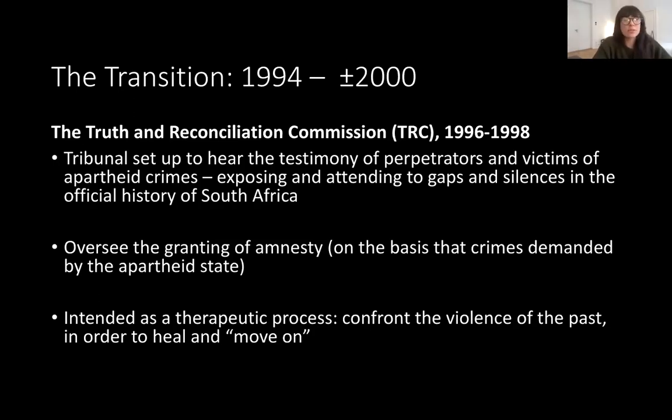The TRC also oversaw the granting of amnesty to certain perpetrators of apartheid crimes on the basis that the crimes were demanded by the state and not individually executed. And it was intended, and this is quite important, as a therapeutic process.